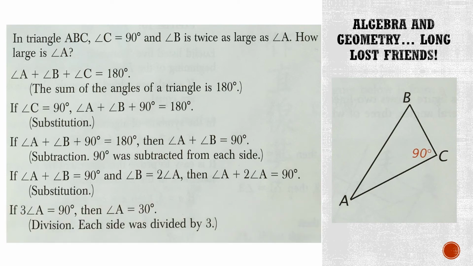Finally, we can combine these like terms and say that 3 times angle A equals 90 degrees. And when we divide that 3 off of both sides using our division property, we're going to find that angle A equals 30 degrees.